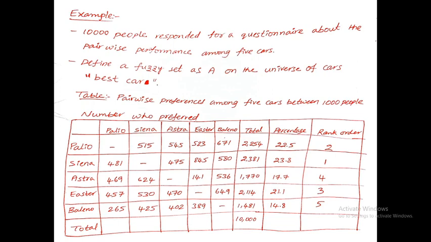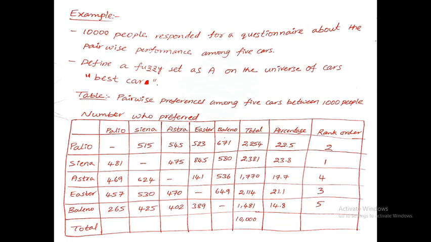If you do the summation, the Palio was preferred over the other 4 models, the total number is 2254. Likewise for Astra, Easter, and Baleno; Baleno is preferred over the other car models by around 1481 people.